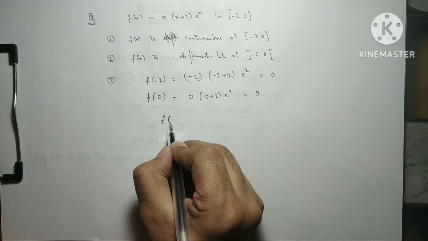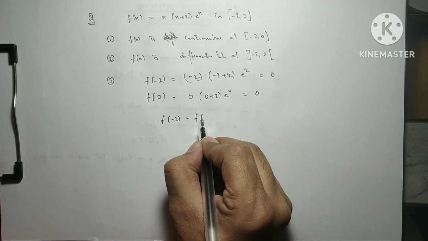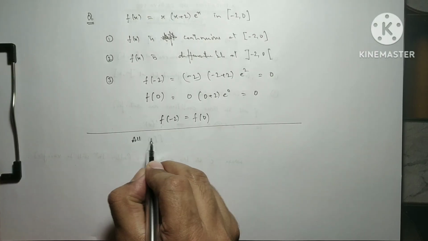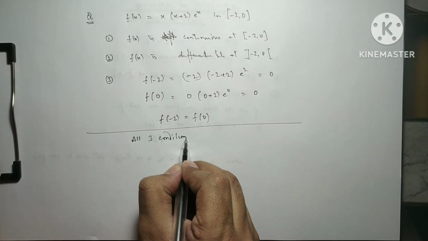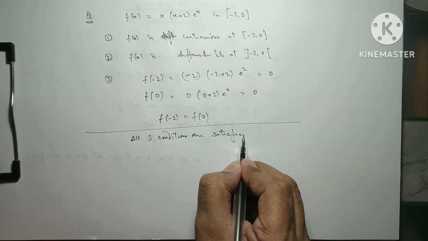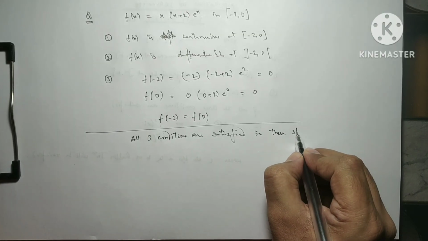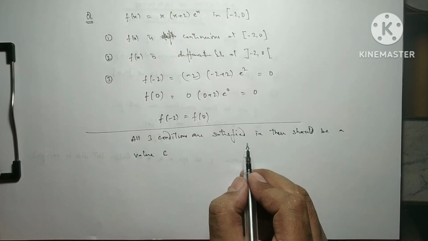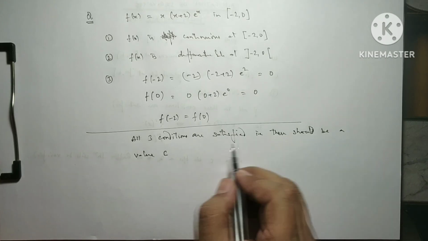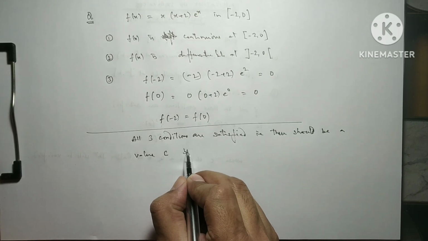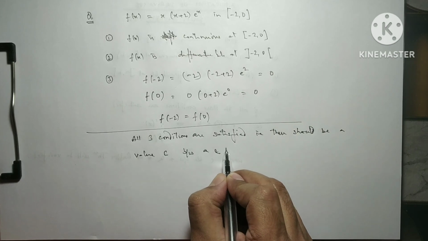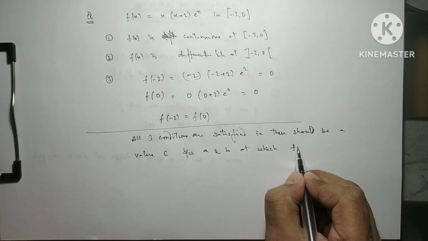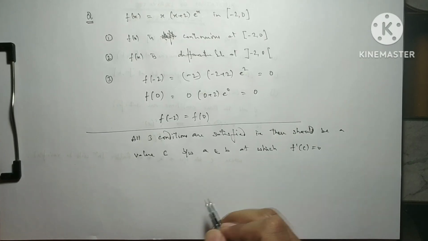That shows f(-2) equals f(0). So all three conditions are satisfied. There should be a value c between a and b at which f'(c) will be 0.